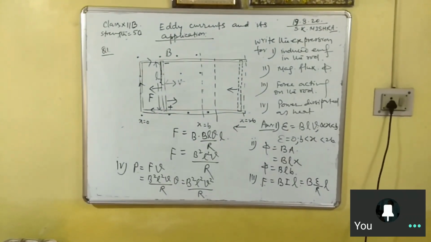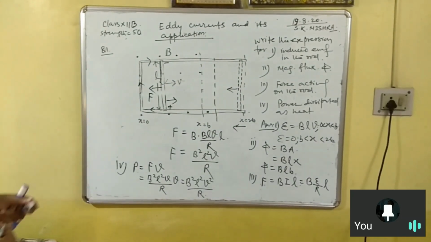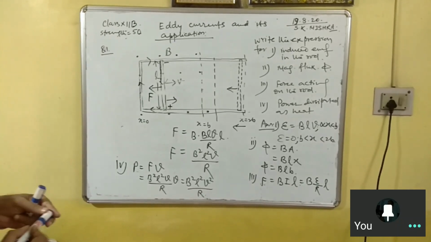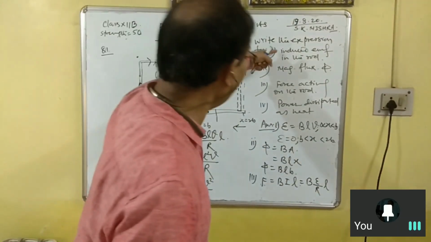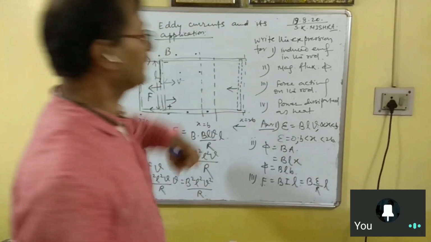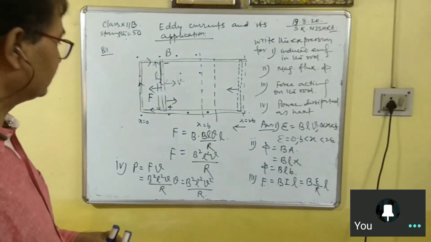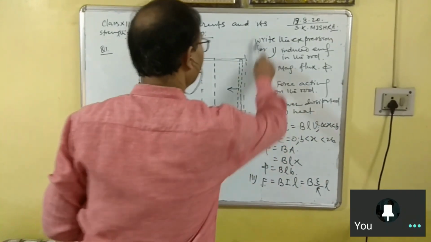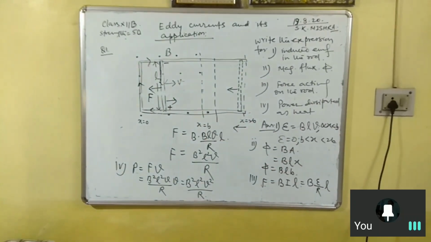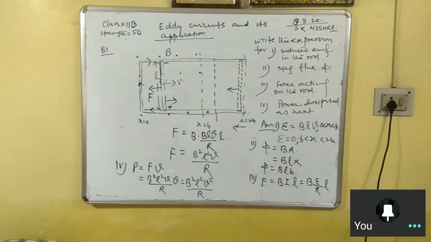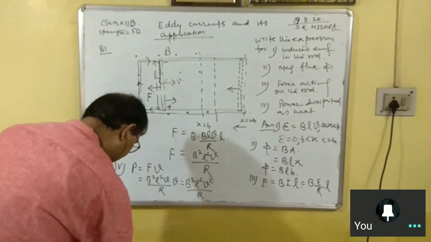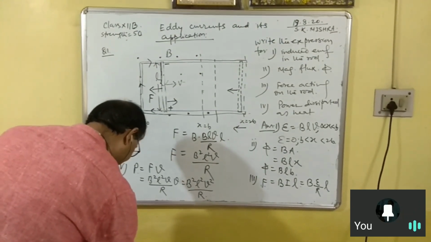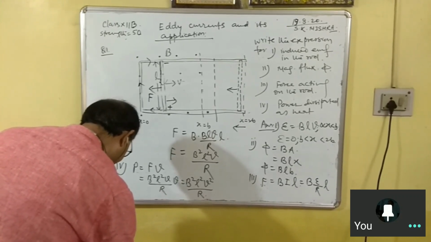Now the main part of this is plotting graphs. Plot the graph of all these quantities. I have to rub this portion, then only I can make the graph. Take it quickly, because I have very little time to finish this. Done?